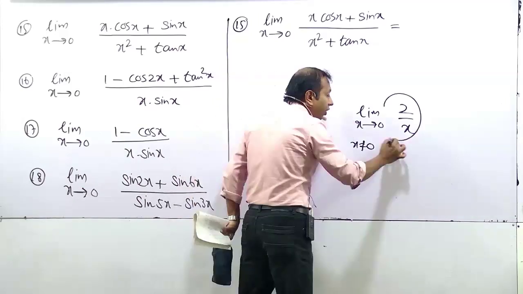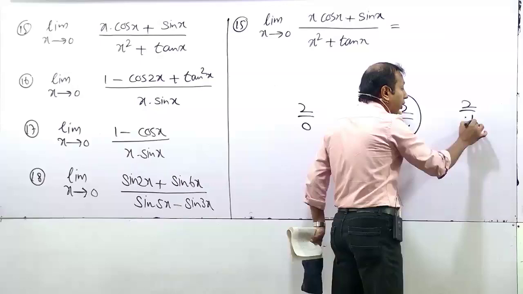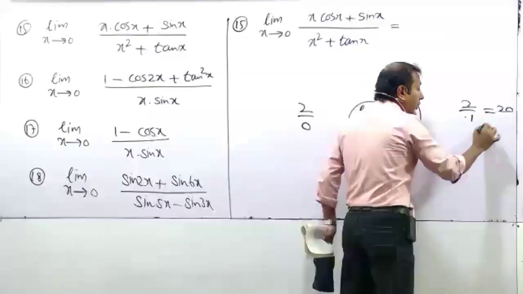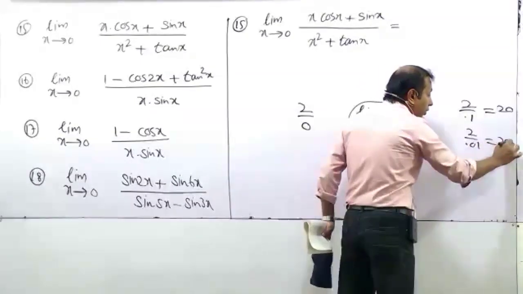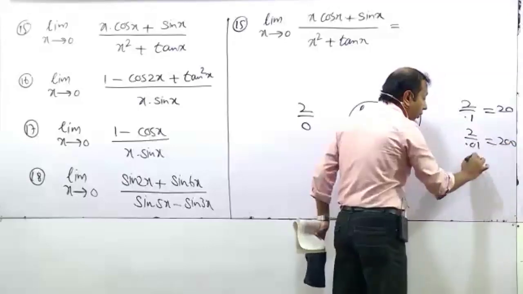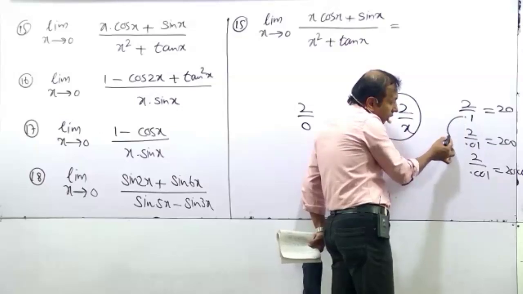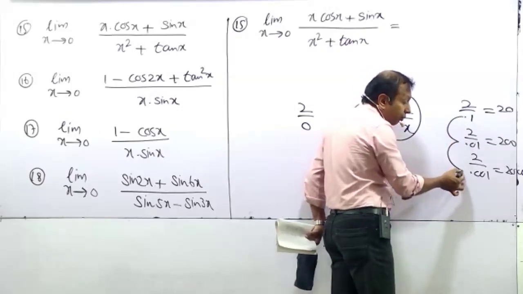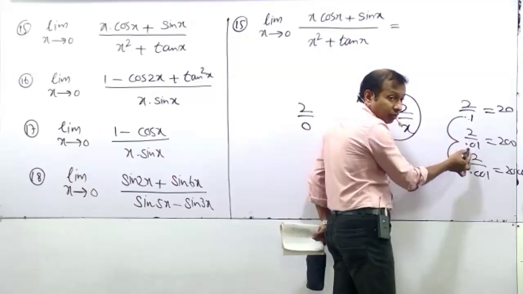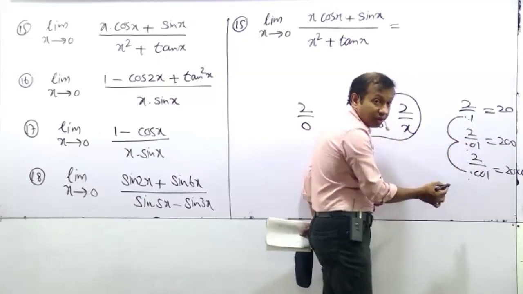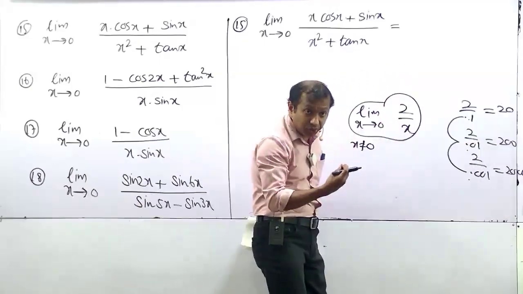So people, we say what? See, this I take 2 over 0.1. What's the answer? 20. 2 over 0.001, 2000. You can see what? When the denominator is going closer to 0, no? These figures, 0.1, 0.01, 0.001, the values are going towards 0, no?